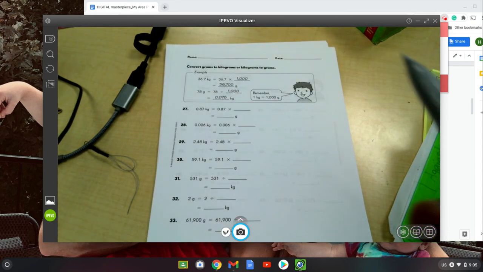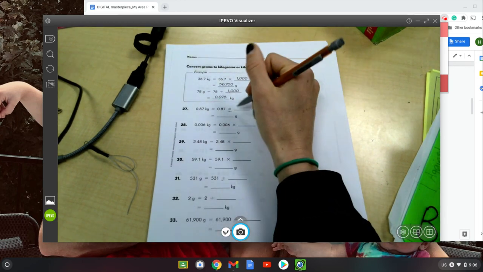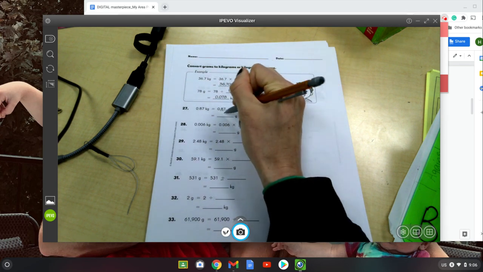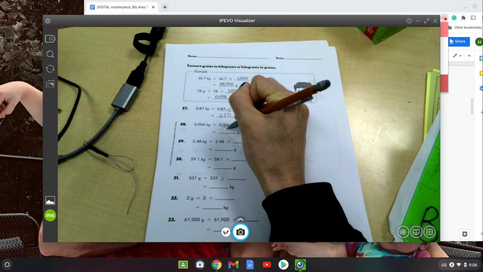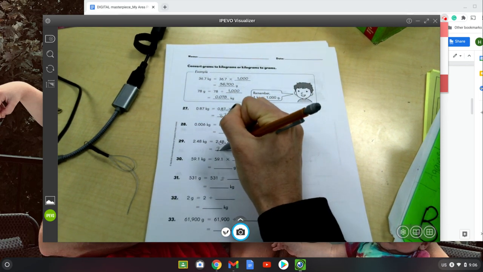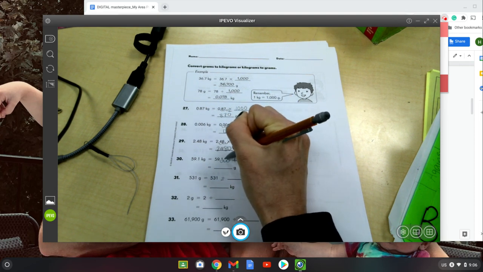All right, so now we just have to be cognizant of whether we're multiplying or dividing by 1,000. So here we're going to multiply by 1,000, 1, 2, 3. Multiply by 1,000, 1, 2, 3.